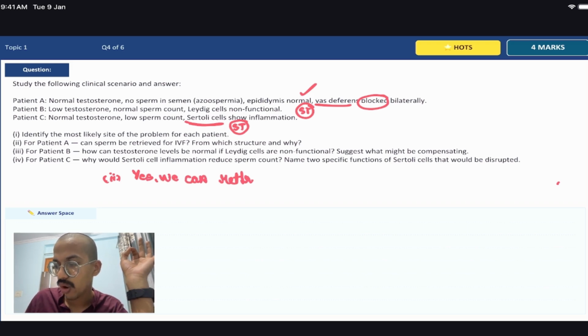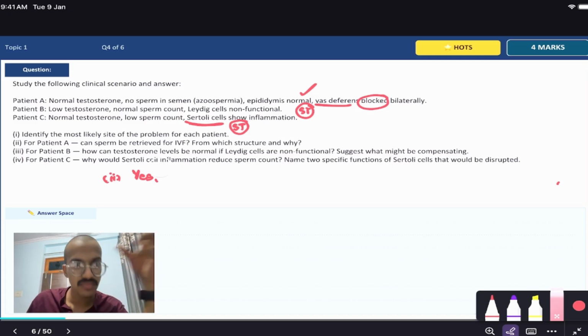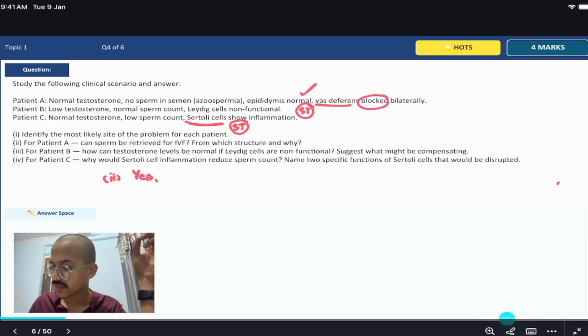Please students, always remember that whenever you are giving the answers, try to give it in written form as much as possible, but underline the important parts.